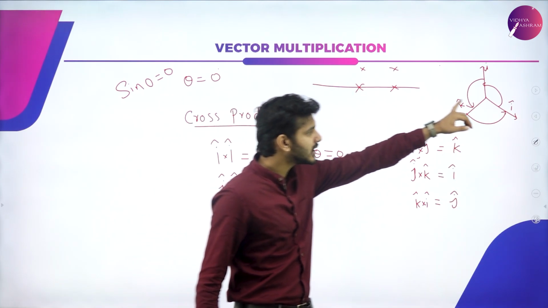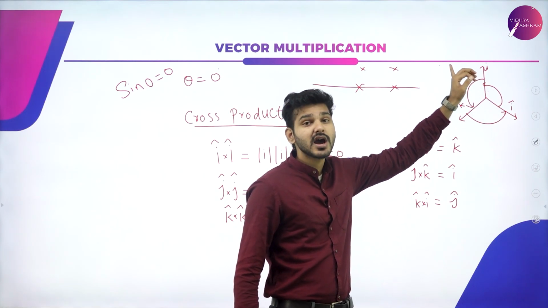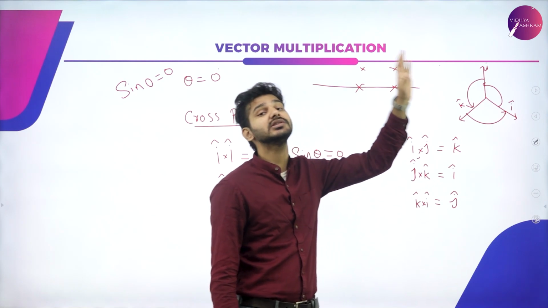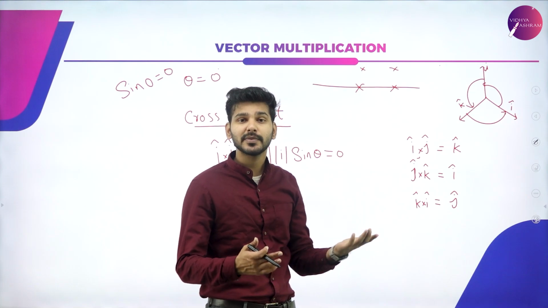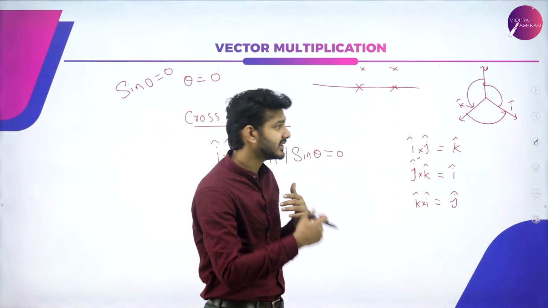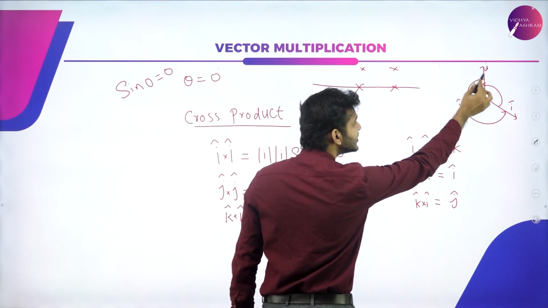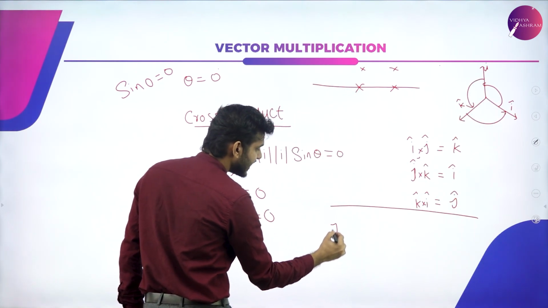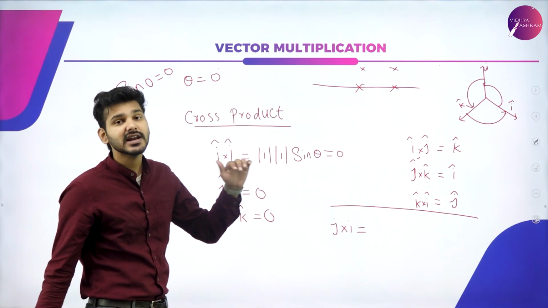So remember, if we cross the very close by unit vector axes, when we are taking the angle towards the left, it will give you the very next axis. What happens if you are taking the angle on the right hand side? That is, what happens if, instead of I cross J, I take J cross I. Then the angle is changing.